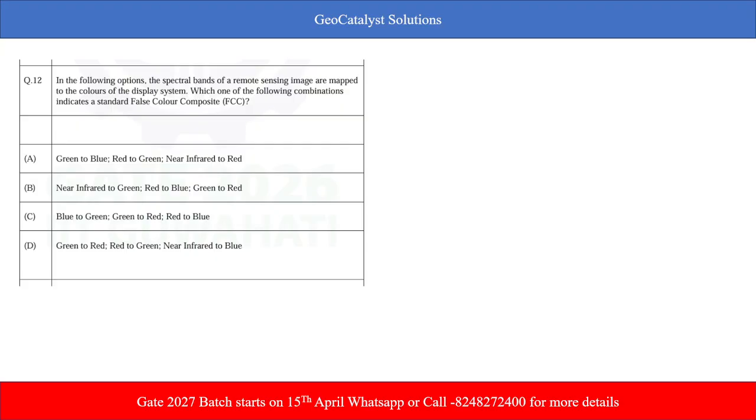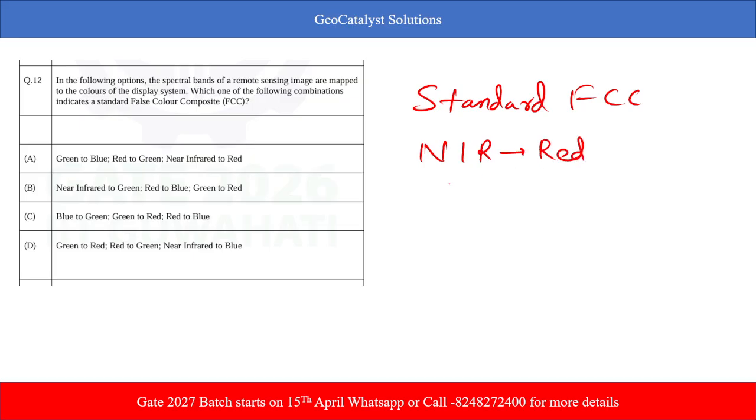Now coming to question 12. Question 12 was very direct. Standard FCC. In a standard FCC we know NIR goes to red, red goes to green, and green goes to blue.